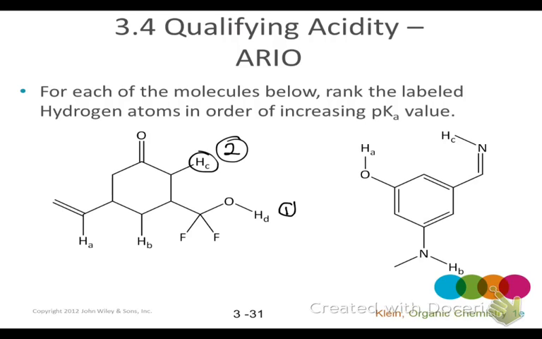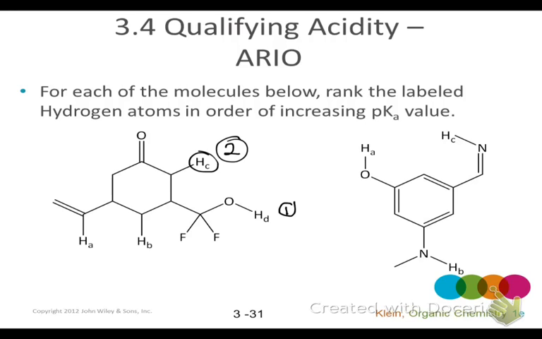Now, what are the other factors? Induction and orbital. And what is more acidic in terms of these? Well, these are only two left, right? A little inductive effect here, but it's not that important. So the orbital is more important.